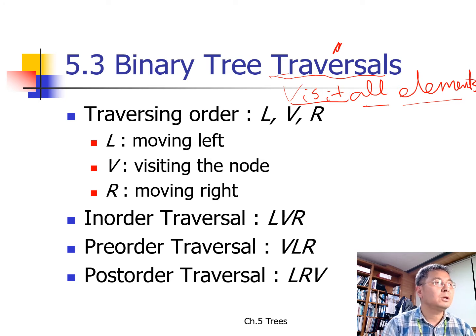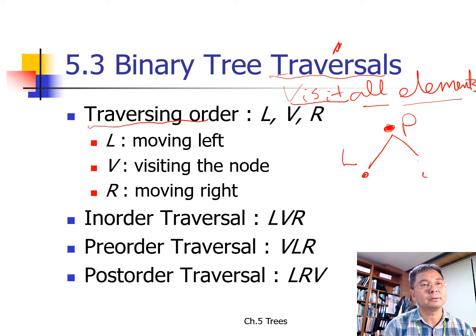So we can introduce these three orders. So this is a parent, and there are left children and right children. So this is a binary tree. The order of traversal can be determined by the order of visit.